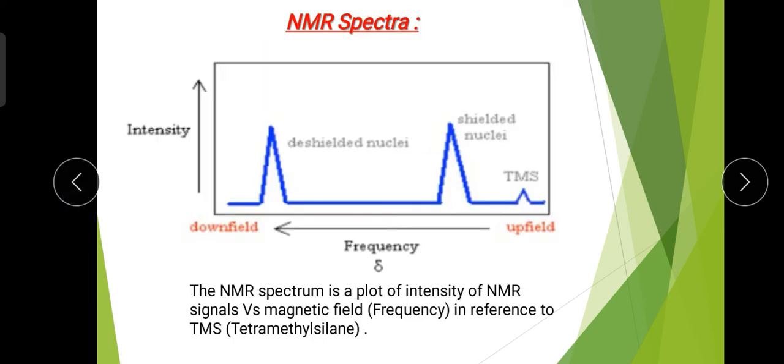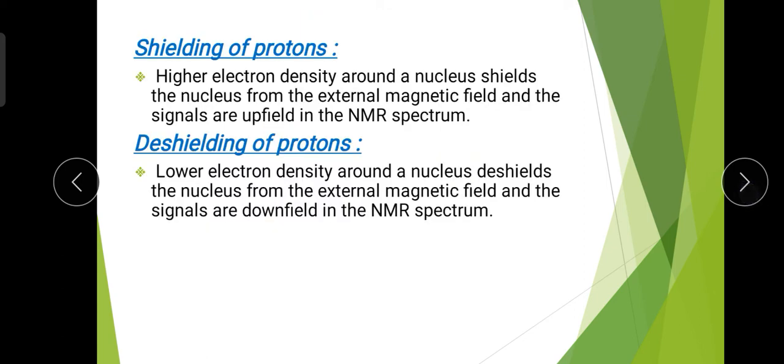So for the shielding of the proton we get this peak here, and for de-shielding we get this peak. These are two different things. Now what is the de-shielding of the protons? Lower electron density around the nucleus de-shields the nucleus from the external magnetic field, and the signals are downfield in the NMR spectrum.